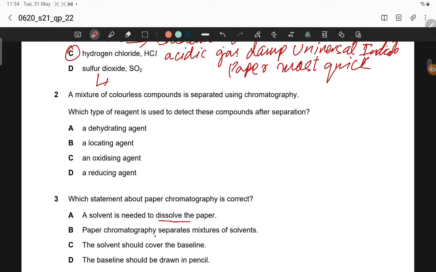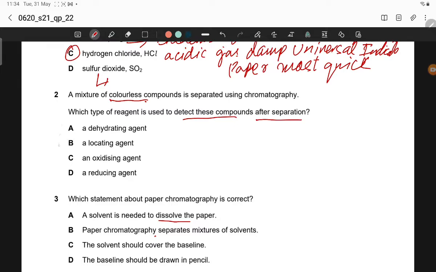A mixture of colorless compounds is separated using chromatography. Which type of reagent is used to detect these compounds after separation? Colorless substances are detected after the separation by using a locating agent.